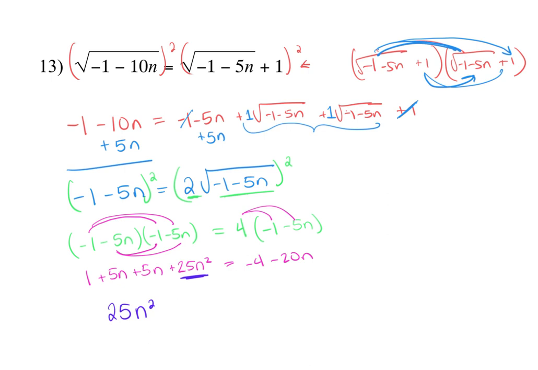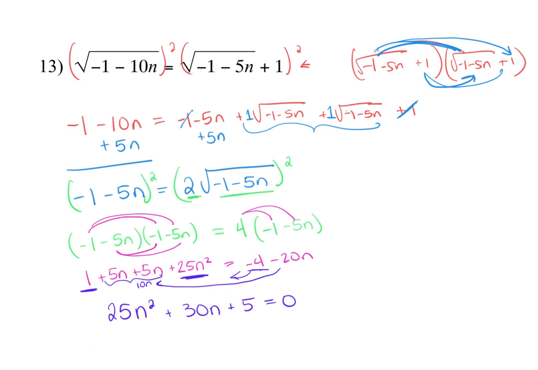And then I have a 10n, and I'm going to add to it this 20n. I'm moving that 20n over. So 10n plus 20n, I'm going to have 30n. And then I have this 1, and I'm adding the 4 over to the other side. So 1 plus 4 is 5. And all of that equals 0.